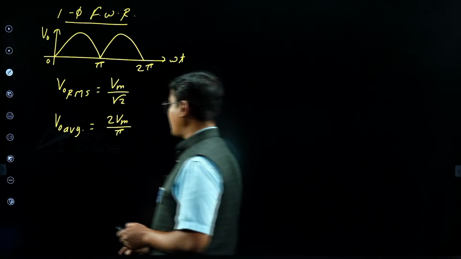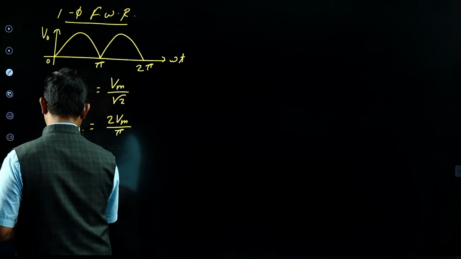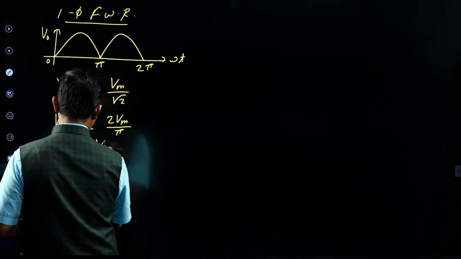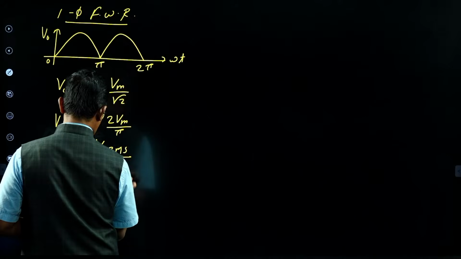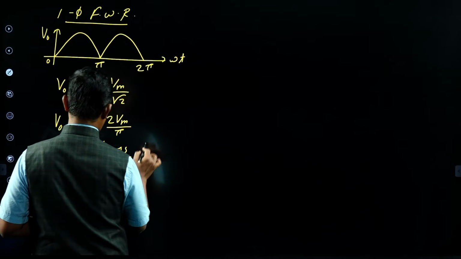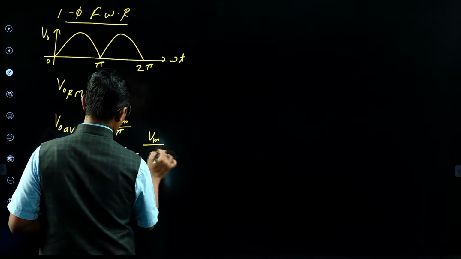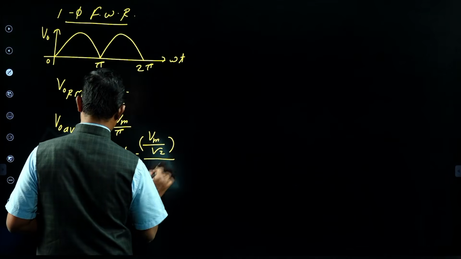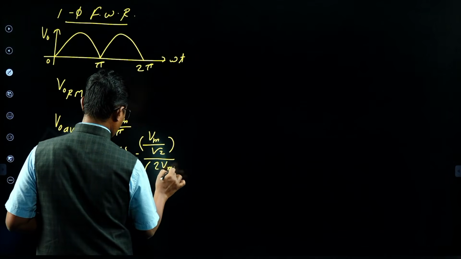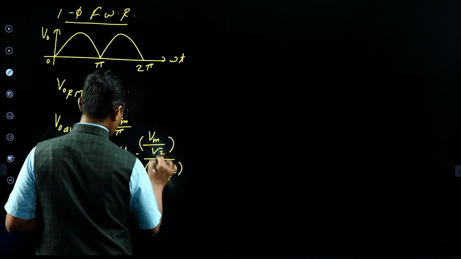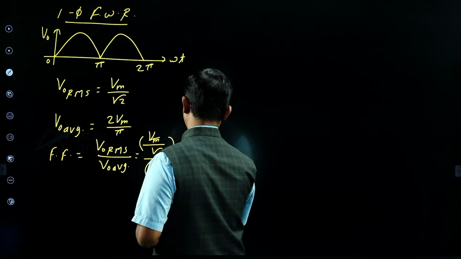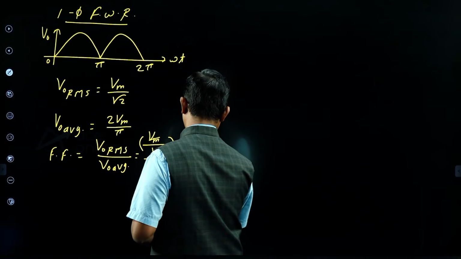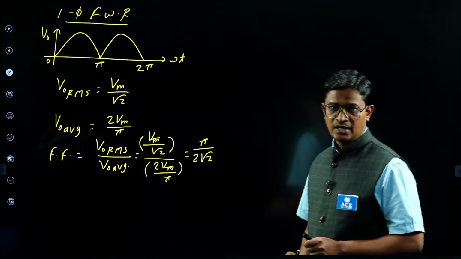Right. Now what is the form factor? V0 RMS upon V0 average. So we can write it as Vm by root 2 upon 2 Vm by pi. So here Vm cancels out, we get pi upon 2 root 2. This is the form factor. And what is the ripple factor?